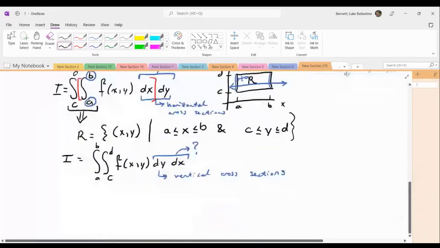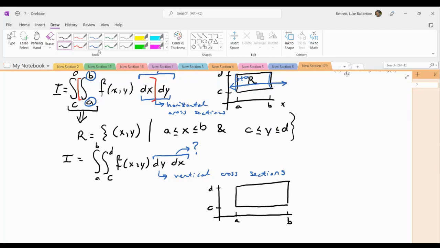And then we can look at what a vertical cross section is. We have the same region, just from a different perspective. We have a to b, c to d. So vertical cross sections just means I draw a vertical line and I have a person. The bottom is always smaller than the top, so his floor is the bottom, and the top is his roof.